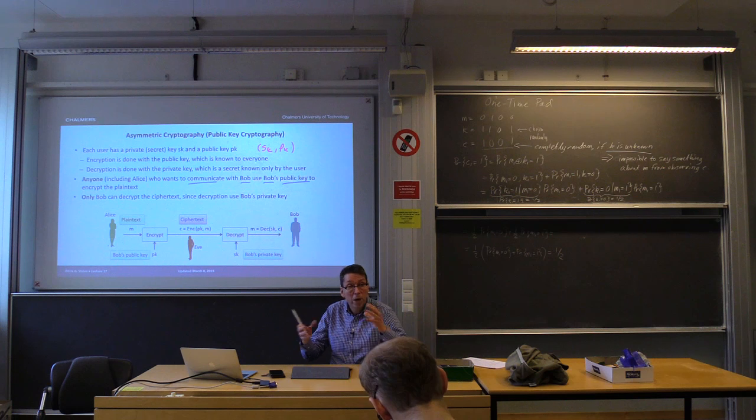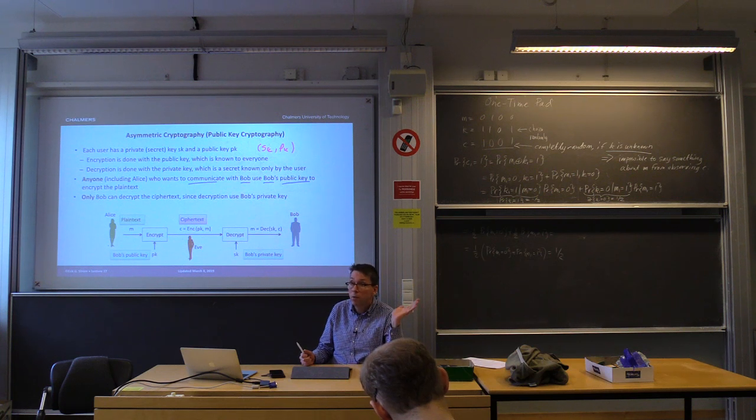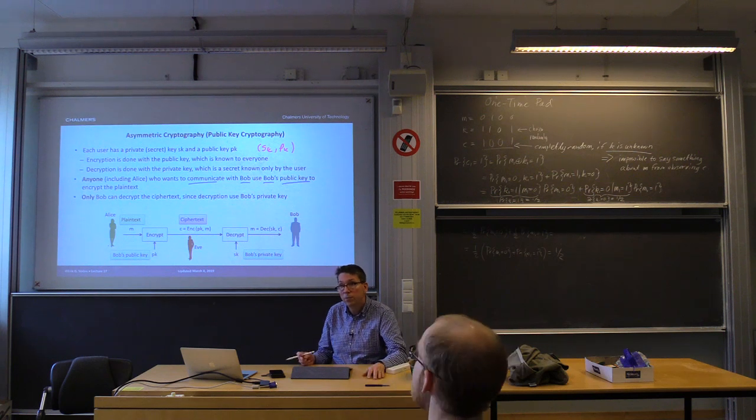We don't need a specific key for every possible pair of communicating entities. It's enough that Amazon has a public key that it makes available to everyone, for everyone to be able to communicate with the Amazon web server with confidentiality.